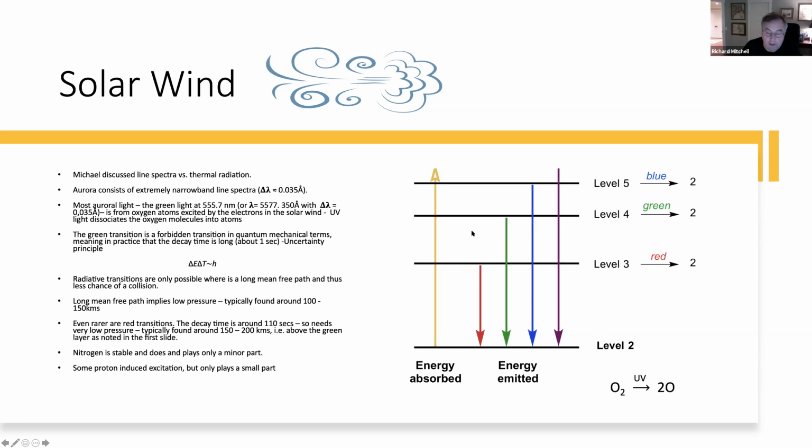So the major part of the aurora is created by electrons interacting with oxygen atoms in the upper atmosphere between 100 and 200 kilometers above the surface of the Earth. There is some other excitation going on, some protons, but by and large, the excitation is due to electrons interacting with oxygen atoms in that range.